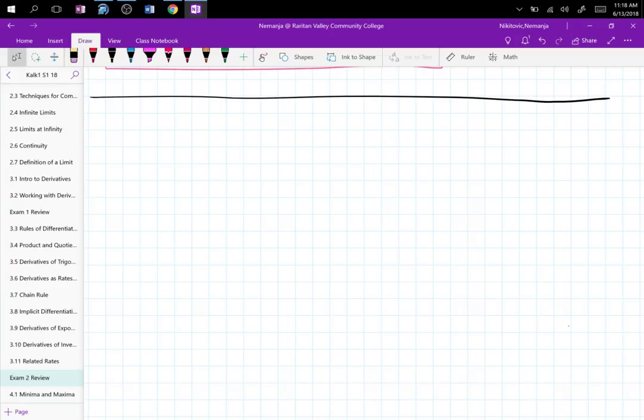9, 8, 7, 6. Marginal and average cost. Okay, so average cost is when we take the cost function and divide it by the number of units we are producing, and the marginal cost is the derivative of the cost function.